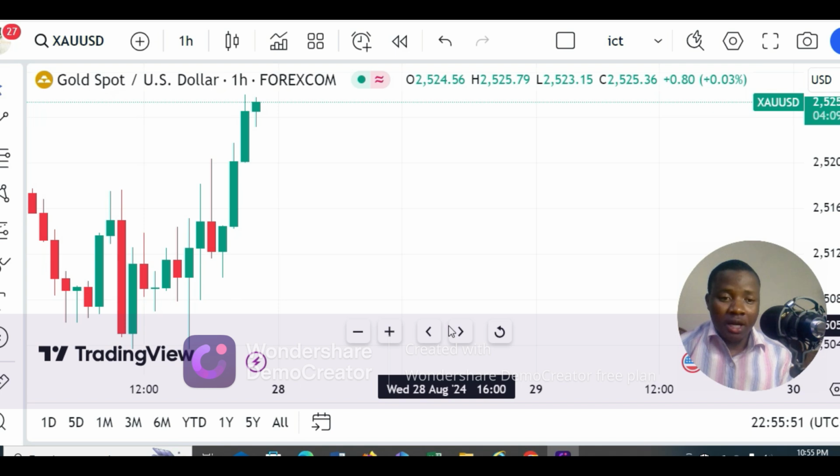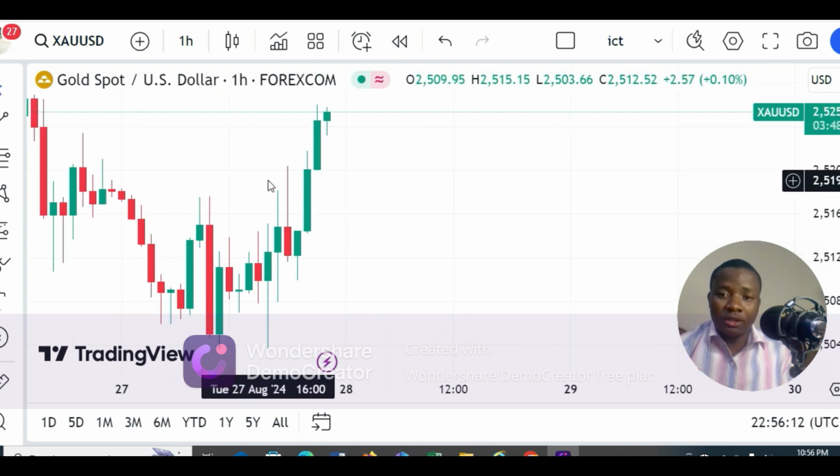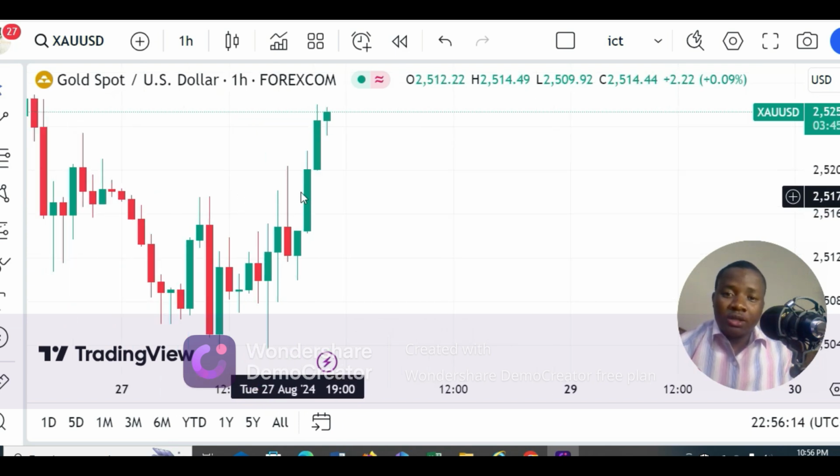Now basically, a candlestick is a visual representation of price movement during a certain period of time. Forex trading is analyzed using candlesticks. Candlesticks are the ones that you are seeing on this screen, the ones with a green and red color.